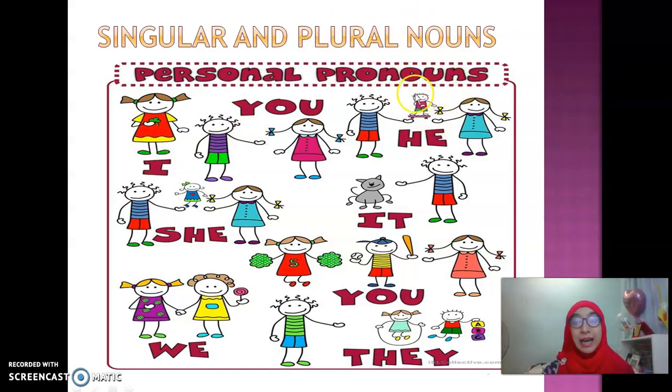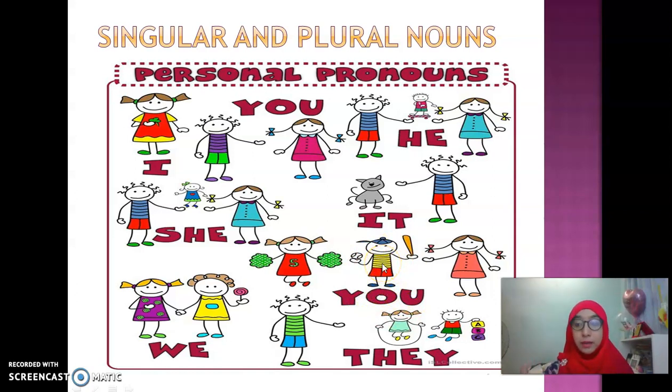Alright, he, how many boys is it referring to? He is referring to one boy, so it's singular. Same with she, it's referring to one girl, so it's singular. It is referring to one cat, so it's singular. Okay, you over here is referring to 1, 2, 3 people, so it's plural over here.